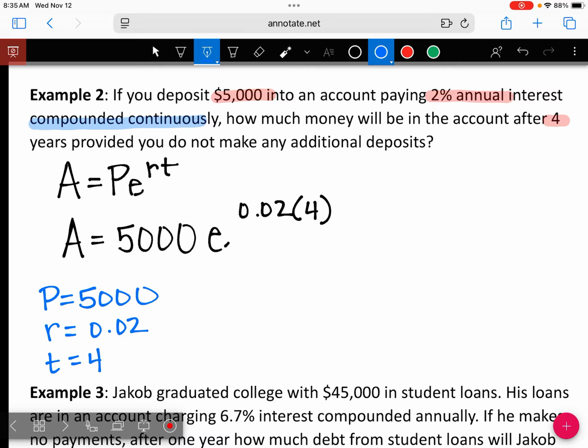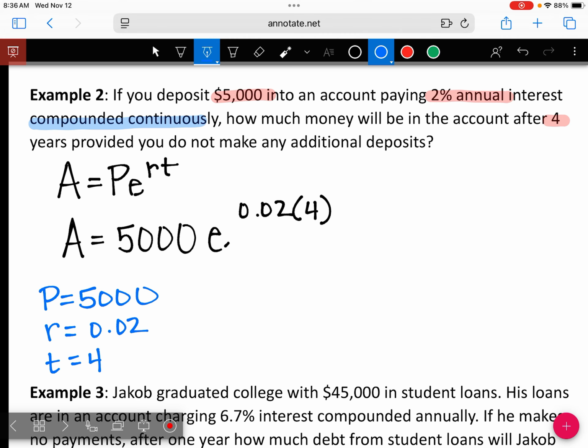Now, continuously should always give you the highest amount of money. So whatever you get should be close to what we got for example 1, but a little bit higher. So you got to hit the second function ln now to get in the e. So the difference is just a matter of cents.